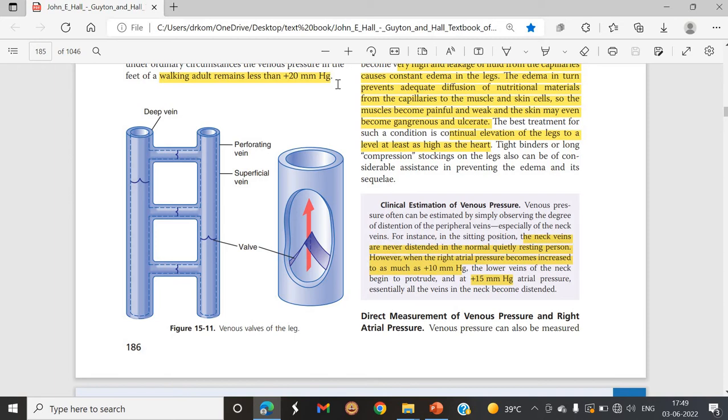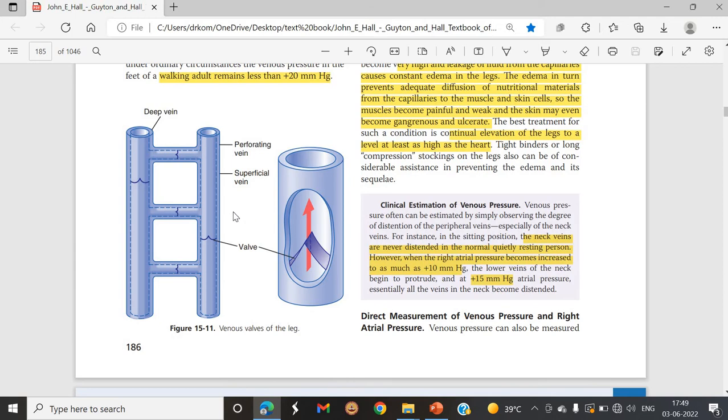Okay, so that's why when we are flying in an aeroplane for long hours, it is suggested to move your legs and do exercise to avoid such things.